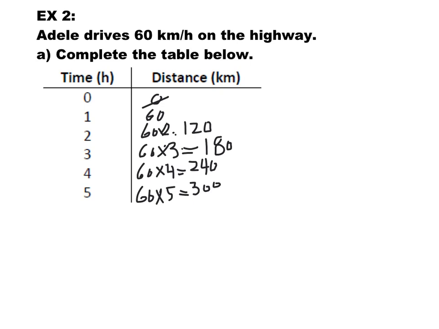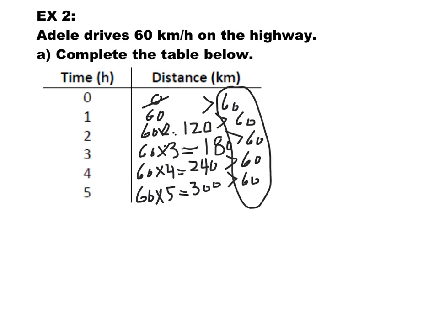Now again, if you look at the differences, 60 minus 0 is 60, 120 minus 60 is 60, 180 minus 120 is 60, 240 minus 180 is 60, 300 minus 240 is 60. These are called first differences.